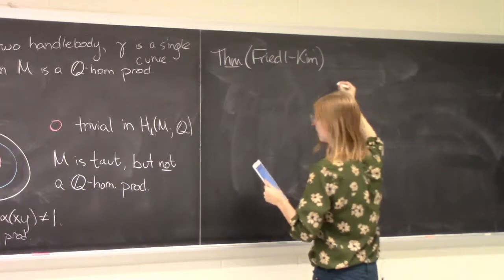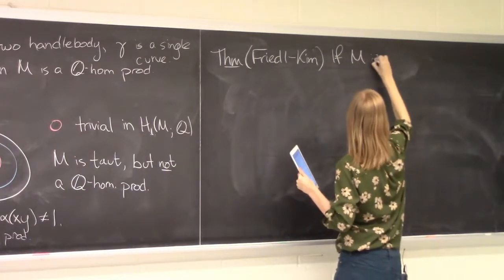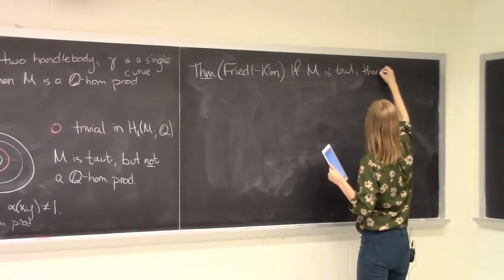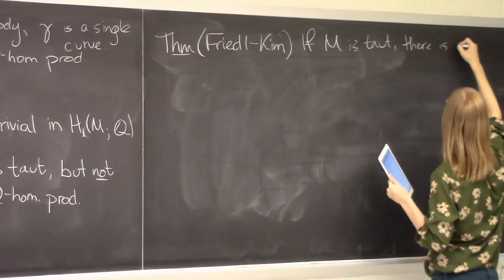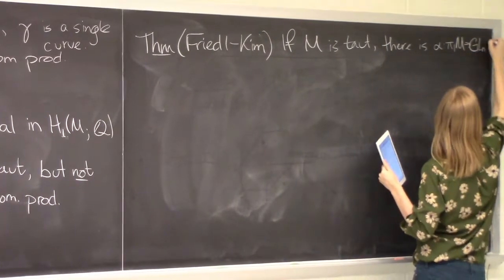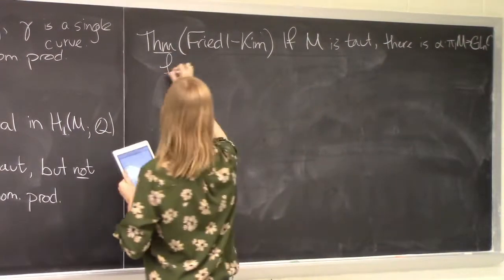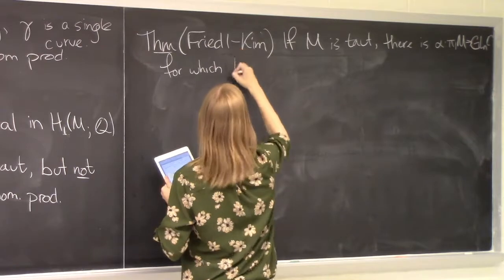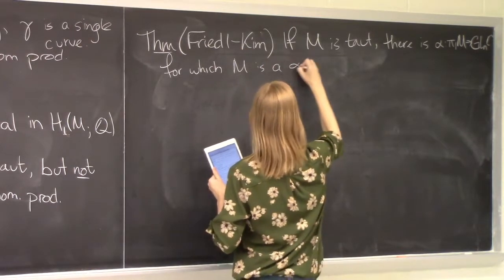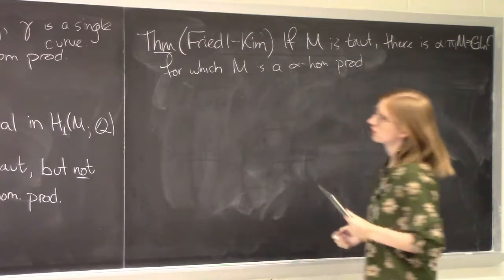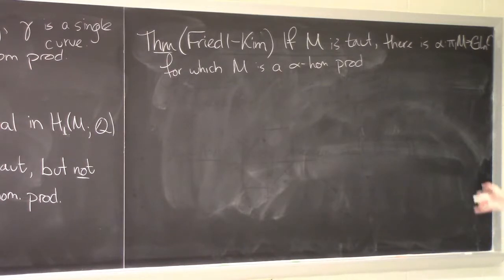So precisely, if M is taut, then they show that there is some representation which realizes M as a twisted homology product. So for which M is an alpha homology product. So this says that if we're taut, we should start looking for a representation to certify that because one exists.